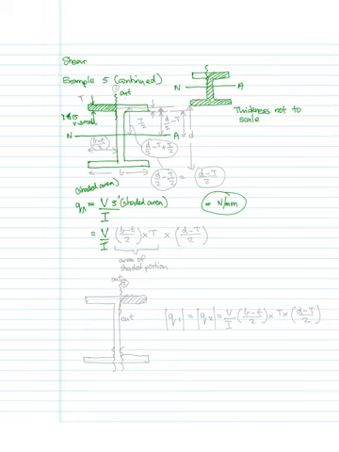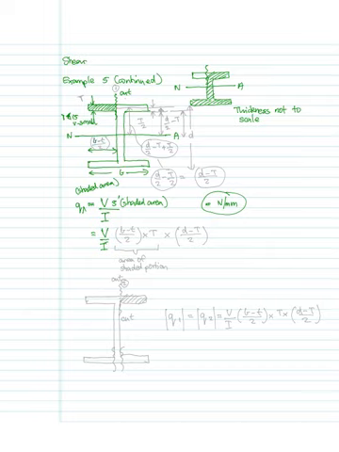So we would now want to work out the area. If that dimension is going to be B, and if that is going to be t, that distance here is going to be b minus t over 2.